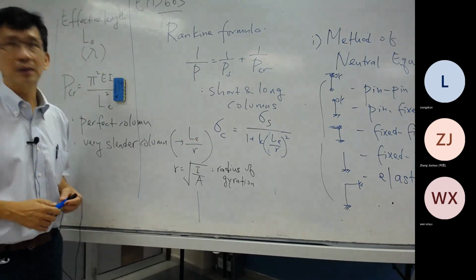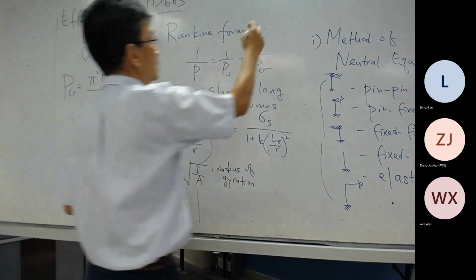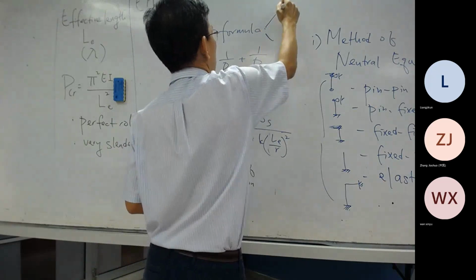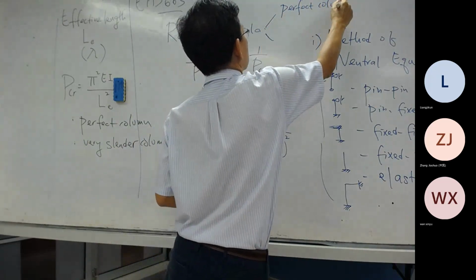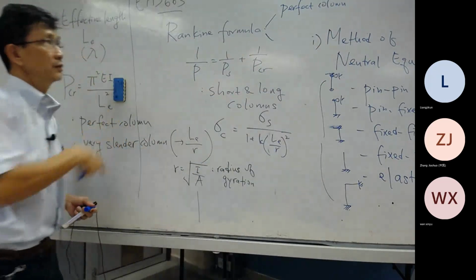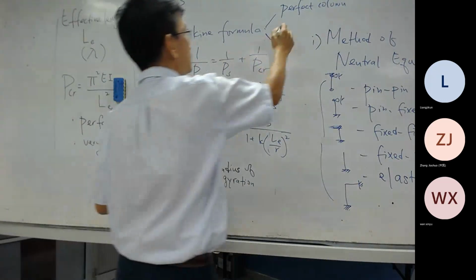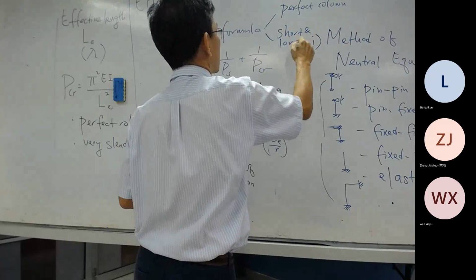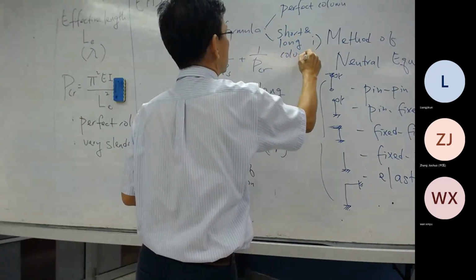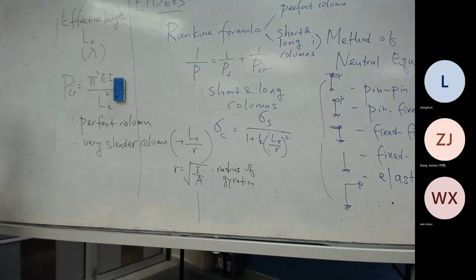So those are the things that we have discussed so far. This Rankine formula is for a perfect column, but it is different from the Euler formula. It is applicable to short and long columns.